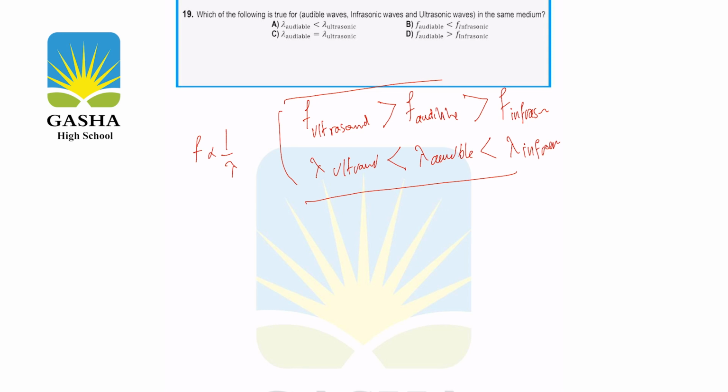And B says the frequency of audible is smaller than infrasonic, but we already know the frequency of audible is greater than the frequency of infrasonic. So the last choice is D, and it is the correct answer, because it says the frequency of audible sound is greater than the frequency of infrasonic. So D is the correct answer.